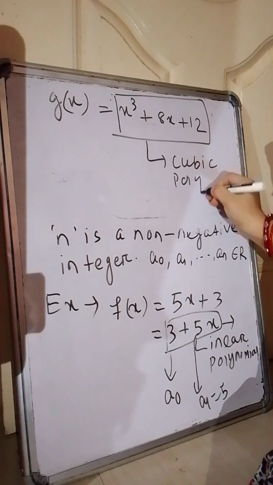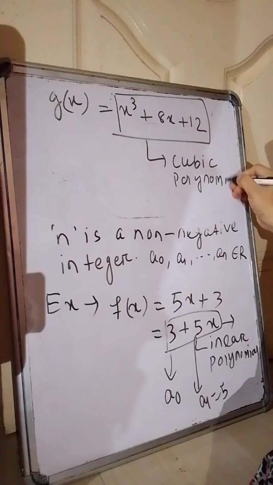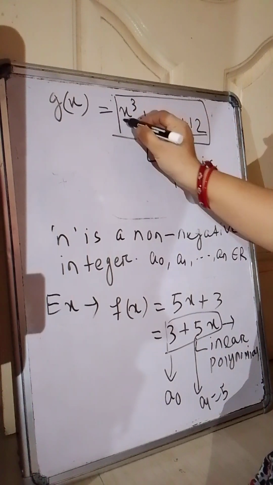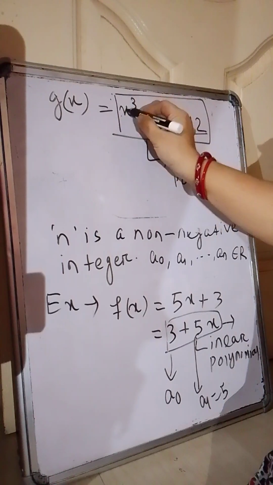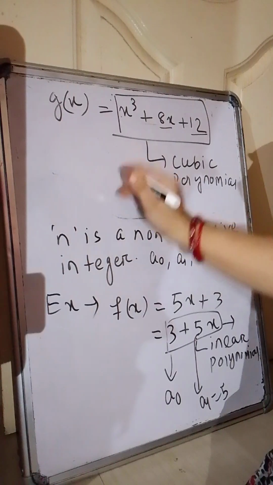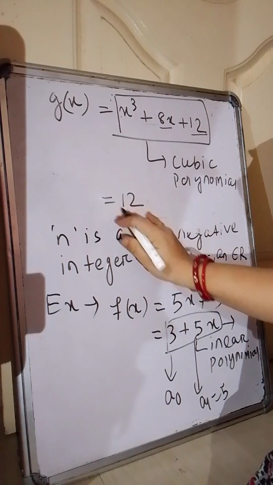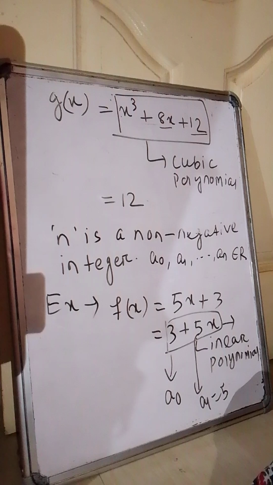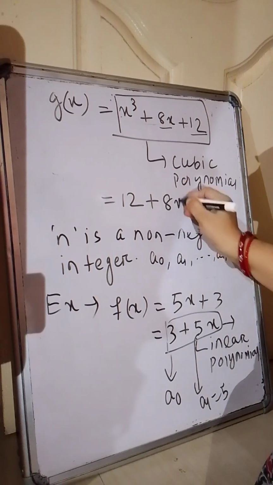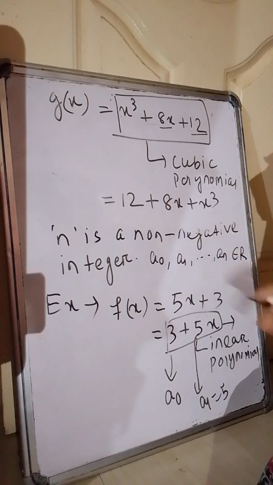If you are confused, write it like this: 12 plus 8x plus x cube.